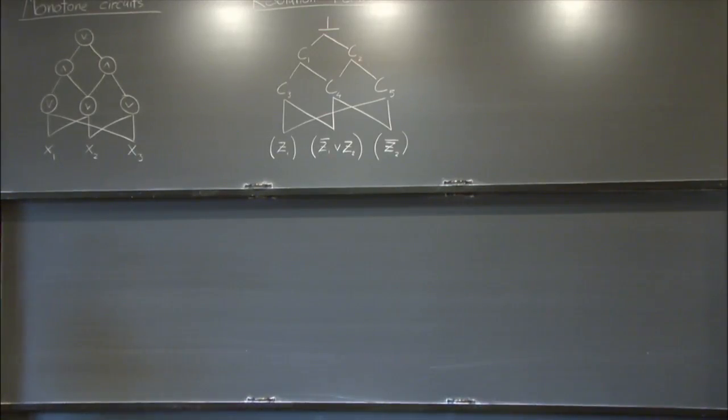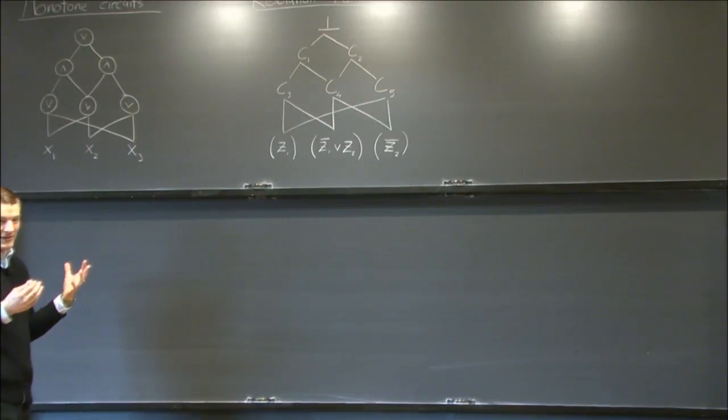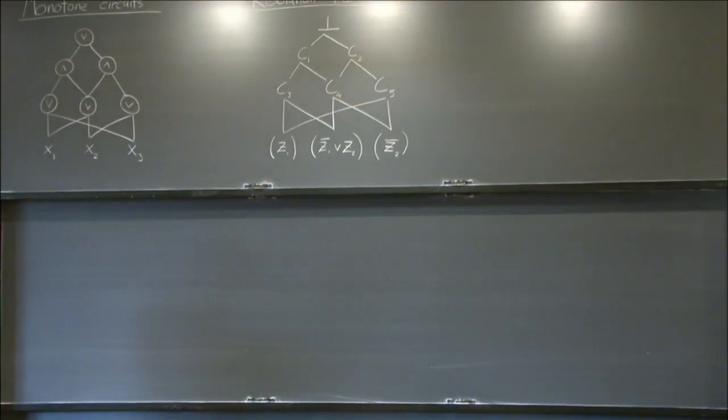There will be a query-to-communication lifting theorem between these models. At least to me, since I didn't know of these alternative characterizations roughly a year ago, it came as a surprise that you can actually view them in this framework. And then it's intuitively obvious that there could be a lifting theorem.